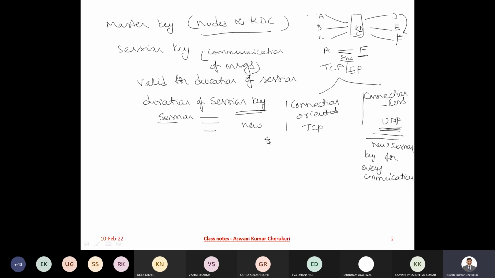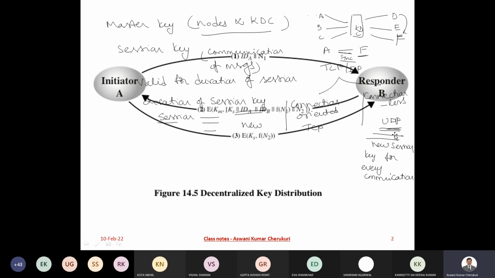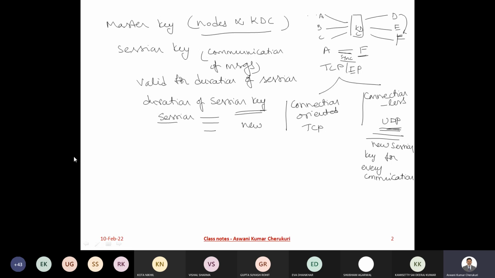And also the other day we discussed the role of KDC and how having a KDC introduces another vulnerability, right? So that's what we discussed the other day. Now let us see how this can be handled in a decentralized manner.